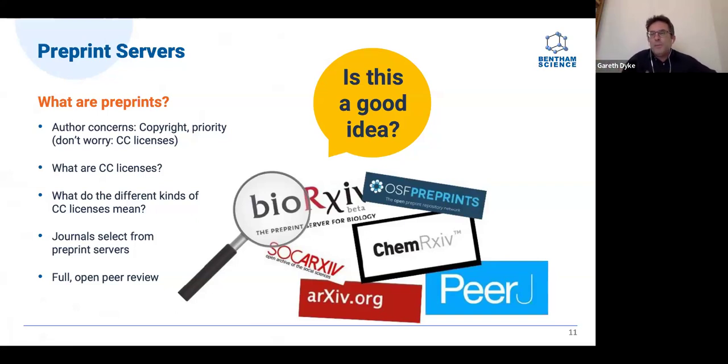A great example, speeds up research. Without the use of preprint platforms, we would probably not have had COVID-19 vaccines as fast as we did have them, because research was being pre-printed. It was being made available to the community on these platforms long before it was peer-reviewed and finally published.